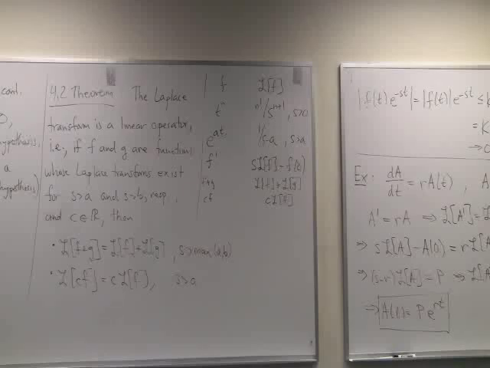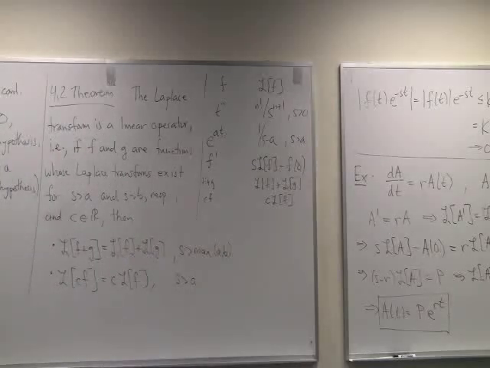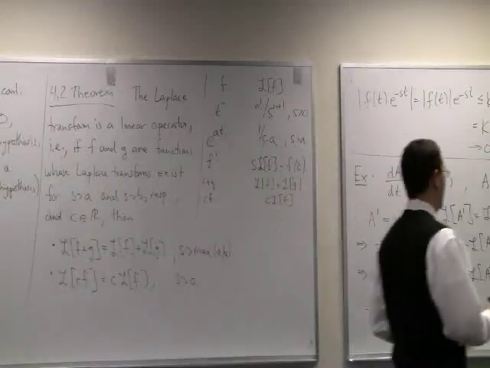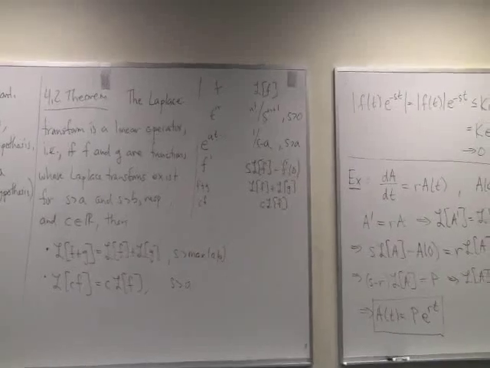So let f be continuous such that, okay, so in 4.1, we wanted the derivative to be piecewise continuous. In this case, I'm looking not just at the derivative, I'm actually trying to take the Laplace transform of, say, the nth derivative. So I'm going to need more to happen. In this case, I'm going to want the first n minus 1 derivatives to be continuous. So remember, this parenthesis notation means taking the n minus first derivative, right?